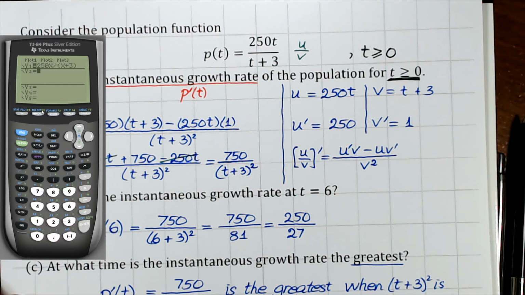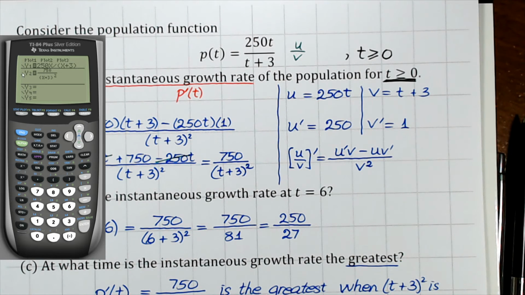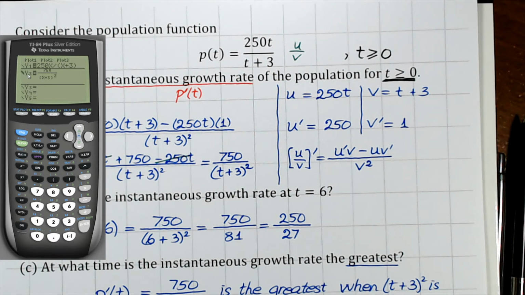If we're not sure, and the calculator allows it, if you hit alpha and y equal, the bottom menu pops up and we can have the fraction 750 over x plus 3 squared. And then we graph. If we hit graph, we won't be able to see much, because both graphs will look the same.